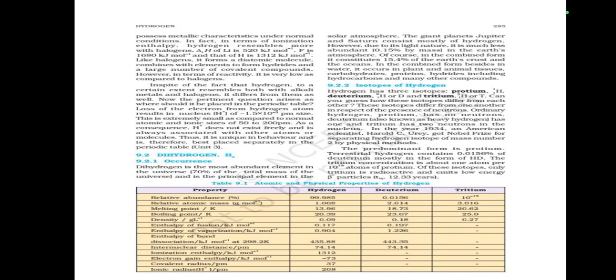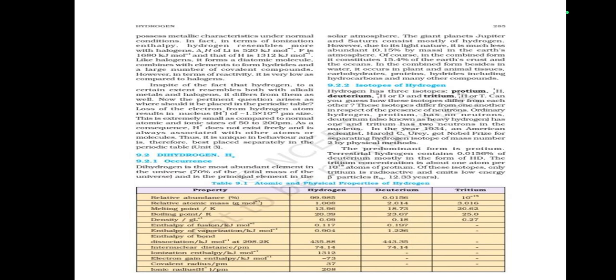The ΔH of lithium is 520 kilojoule per mole, of fluorine is 1680 kilojoule per mole, and that of hydrogen is 1312 kilojoule per mole.